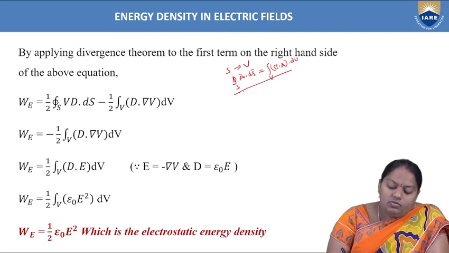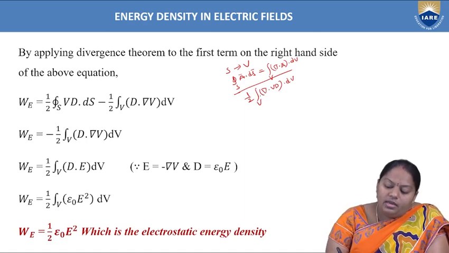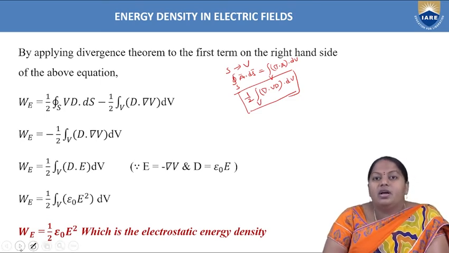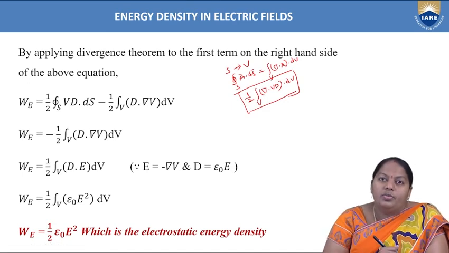In the previous case, we have 1 by 2 integral V del dot Vd into dV. If you apply the divergence theorem to this first term, now we replace the volume integral by a surface integral, because the divergence theorem gives the relationship between surface and volume integrals.